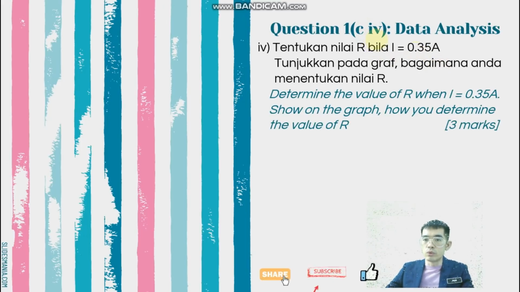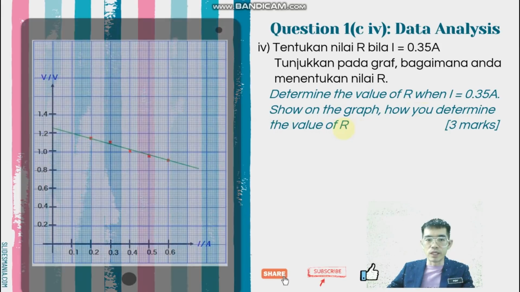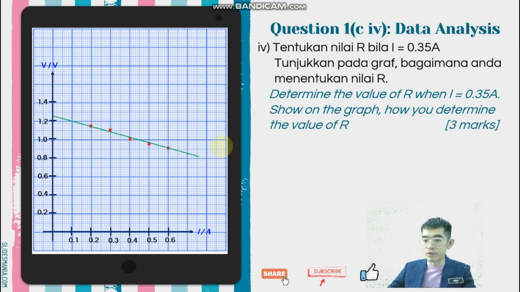It's also data analyzing. Determine the value of R when I is equal to 0.35 ampere. Show on the graph how you determine the value of R. Again we have to use our graph. For the value of 0.35, you have to do interpolation. So 0.35 is here, and when we touch the line, then the value goes to the y-axis.